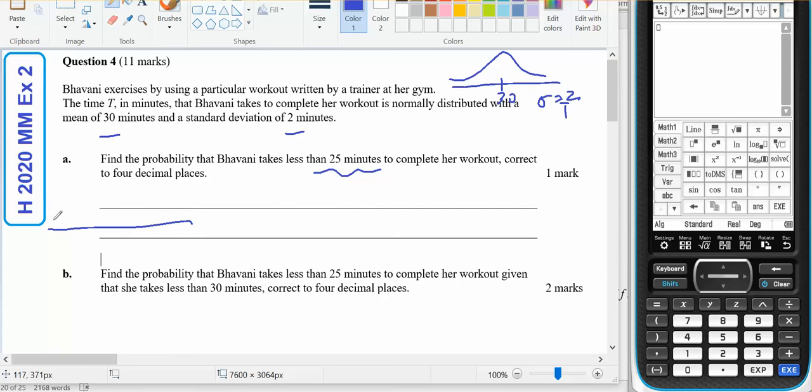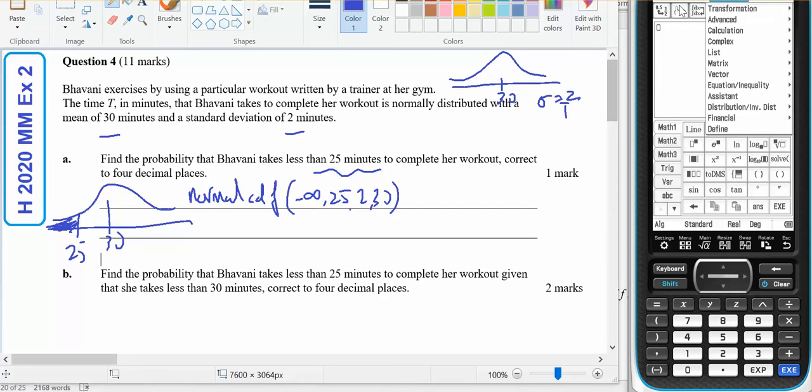So we have a normal situation here. Less than 25 is going to be a normal CDF, negative infinity to 25, 2 and 30, and I'll just do it on my calculator.